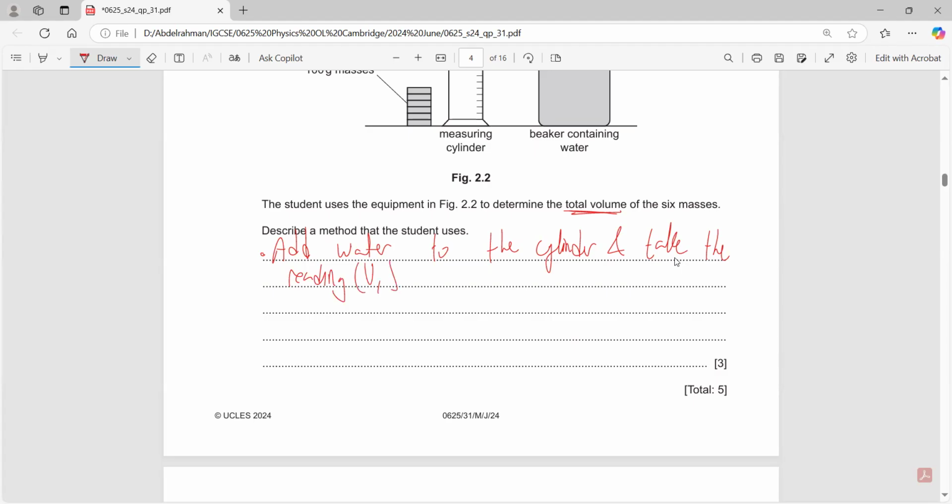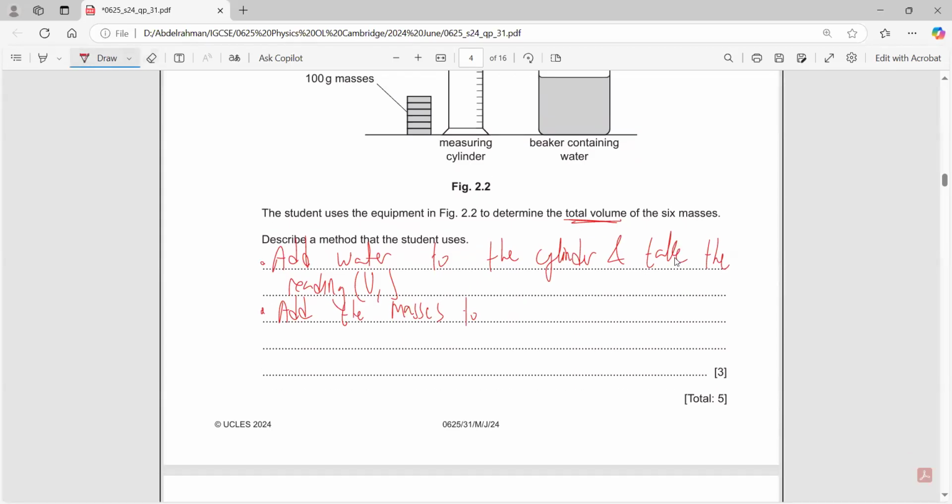Then add the masses to the cylinder and take the new volume of the water and the masses.